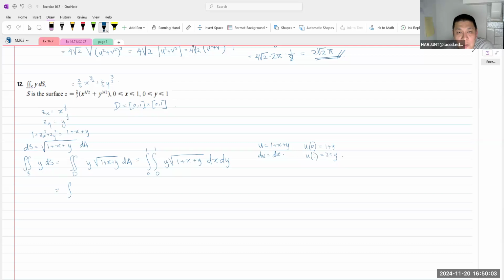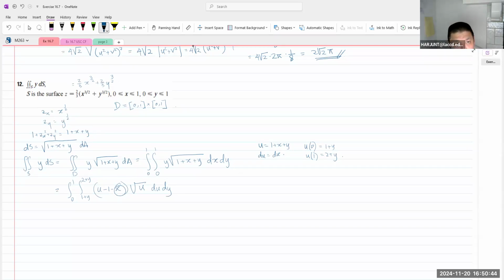So the integral from 0 to 1, integral from 1 plus y to 2 plus y of, oh shoot, I don't think I can do it right here. y becomes u minus 1 minus x. I don't like that because I still have the x, and then this is square root of u du dy. No, not supposed to have an x there.